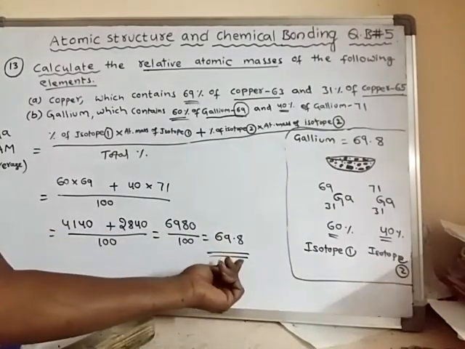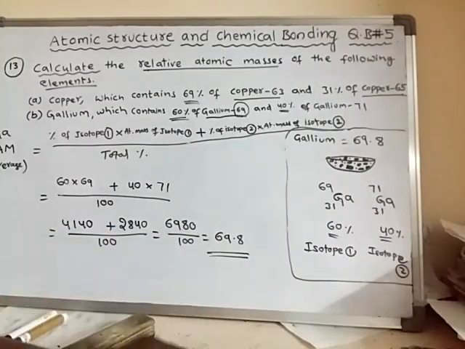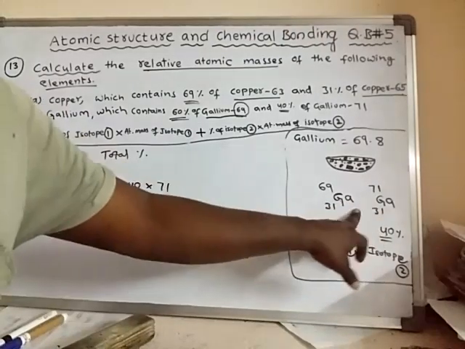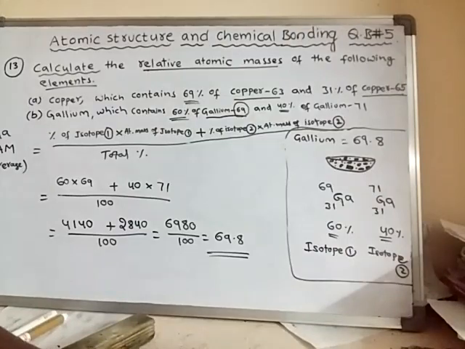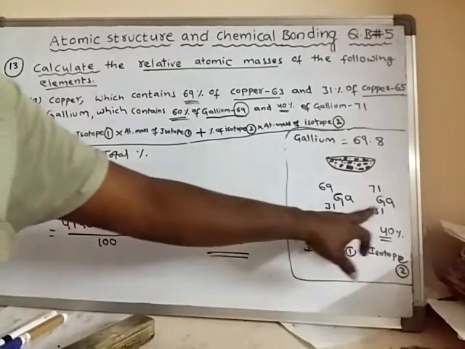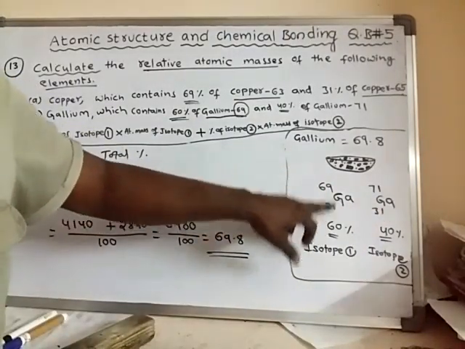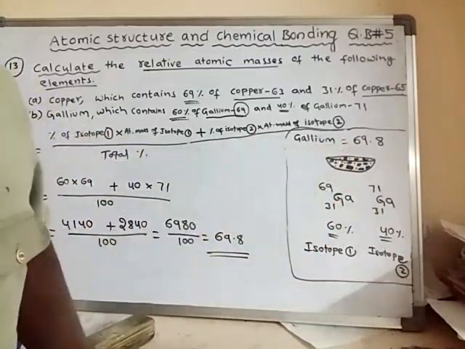Why do we need to calculate the average value? Because neither of the atoms alone will give the correct atomic mass, since both types of atoms are present.